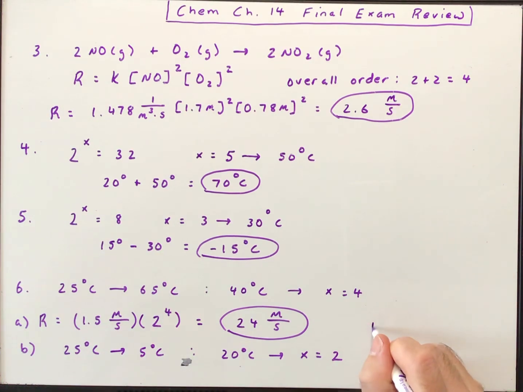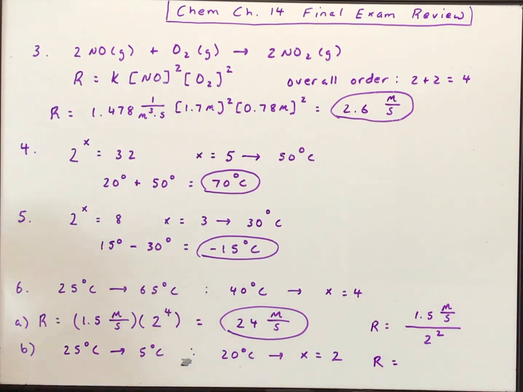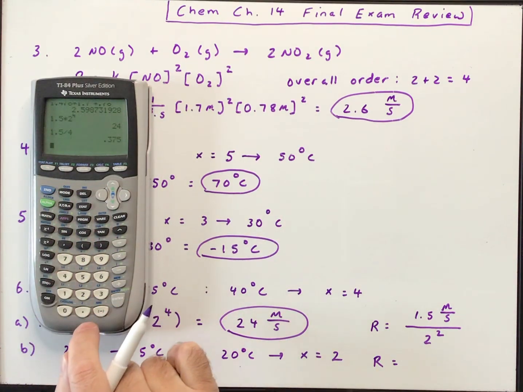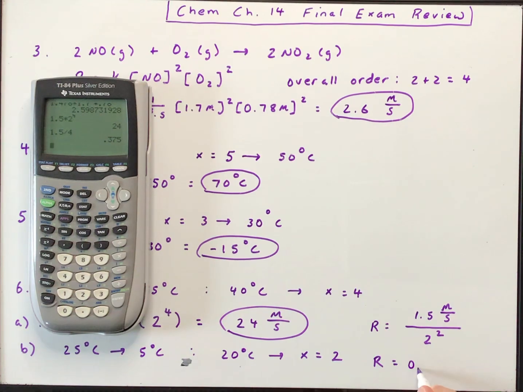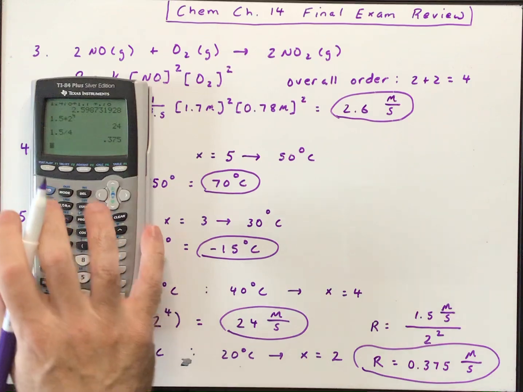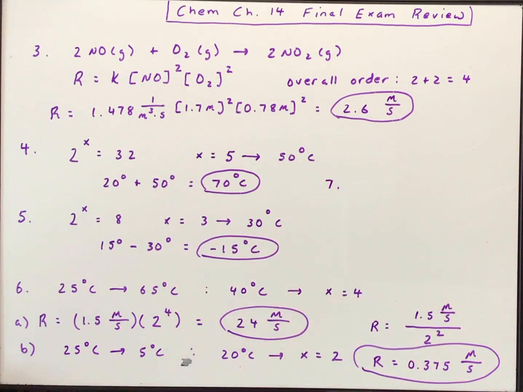So our reaction rate for part B is going to be 1.5 molars per second divided by 2 squared. So that's 1.5 divided by 4, which is 0.375 molars per second. So the answer to part B is 0.375.